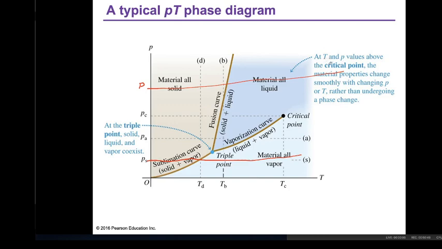If it's above the critical point, the material changes smoothly with changing P and T rather than undergoing a phase change. So there's no phase change at all if T and P values are above the critical point. So that's the PT phase diagram.